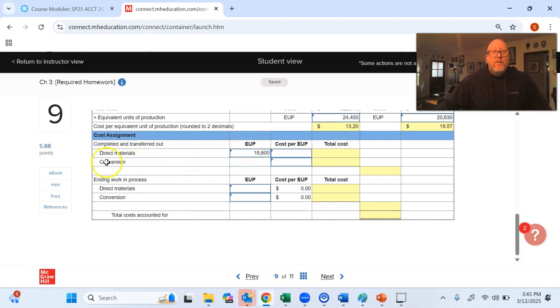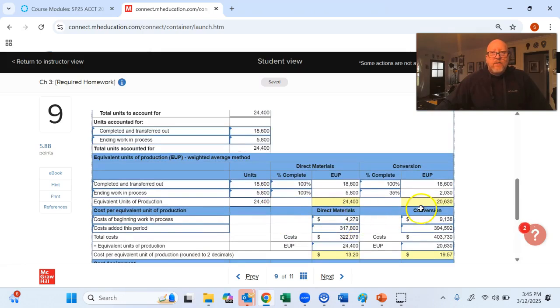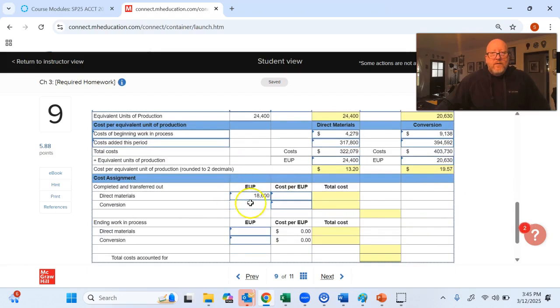Now, with respect to conversion costs, how many equivalent units did I complete and transfer out? Completed and transferred out, 18,600. Makes sense. We transferred out 18,600 and they were both complete with respect to both of those.